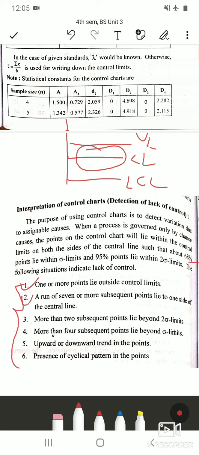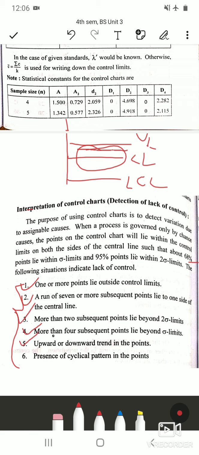A run of 7 or more subsequent points lies on one side of the central line: either 7 or more continuous points above the central line or below it. Then you say there is variation due to assignable causes. More than 2 subsequent points lie beyond 2 sigma limits. More than 4 subsequent points lie beyond sigma limits.